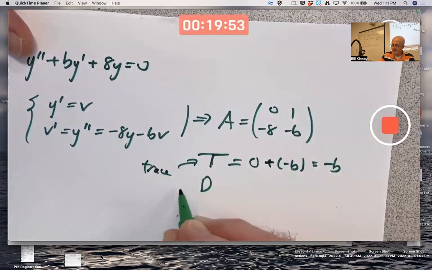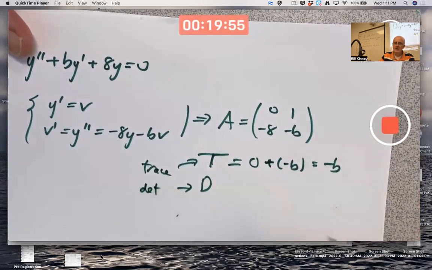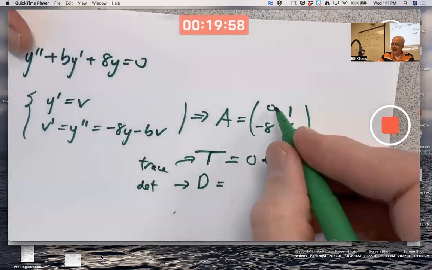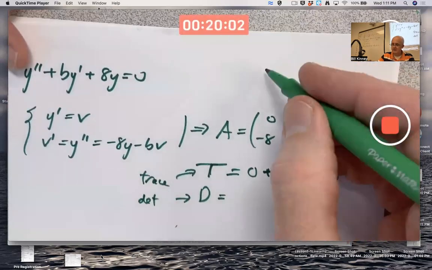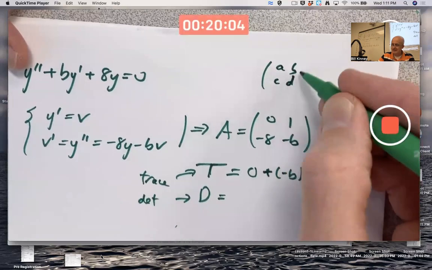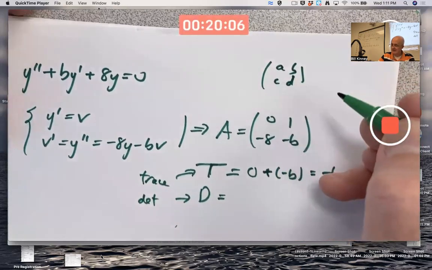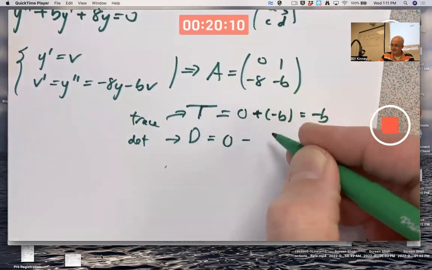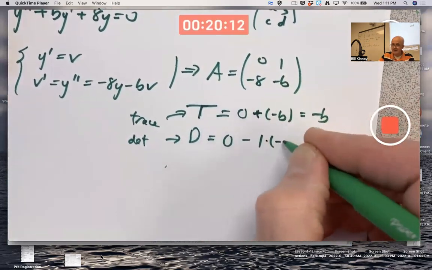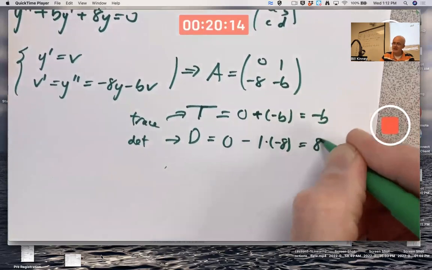And the determinant, as always, is ad minus bc. In this case, that simplifies to 0 minus 1 times negative 8, which is positive 8.